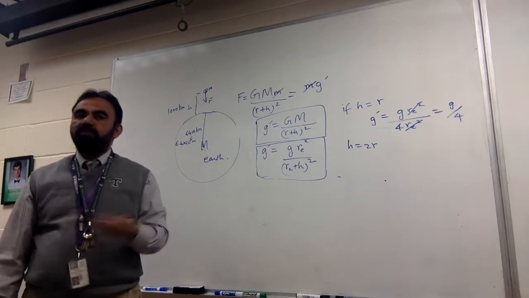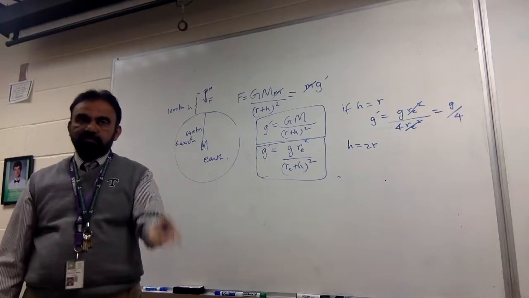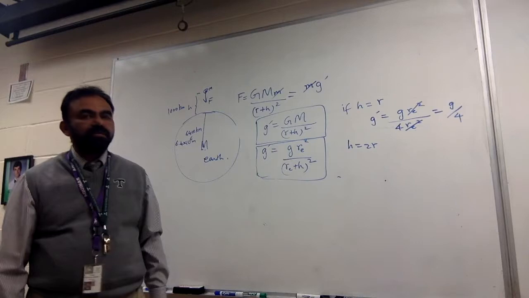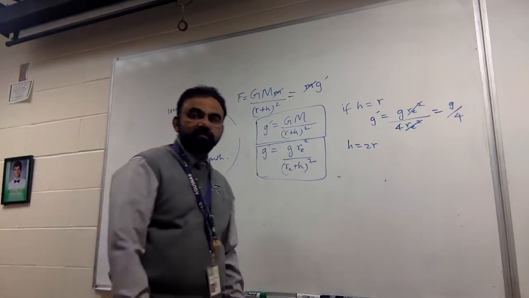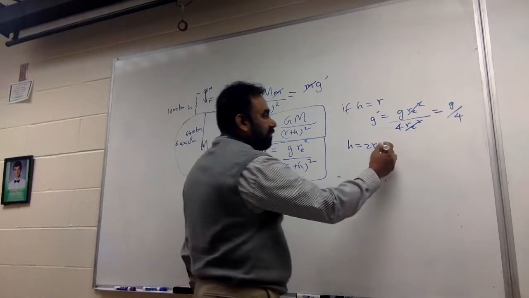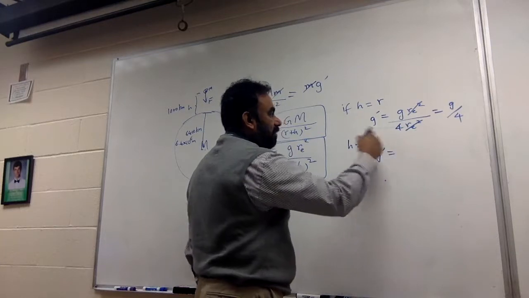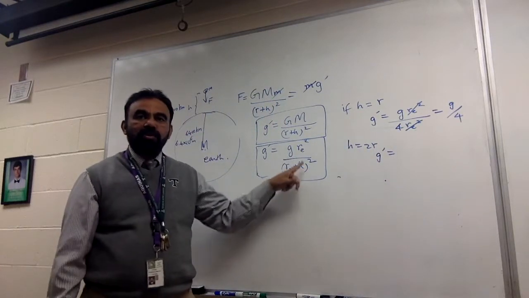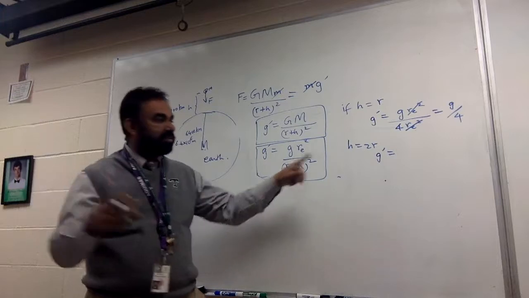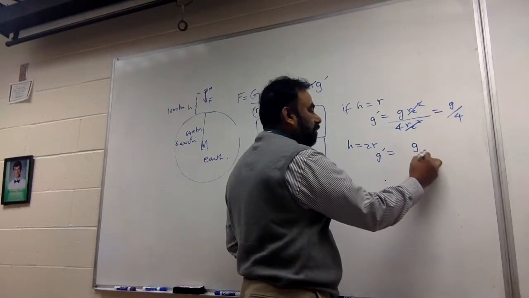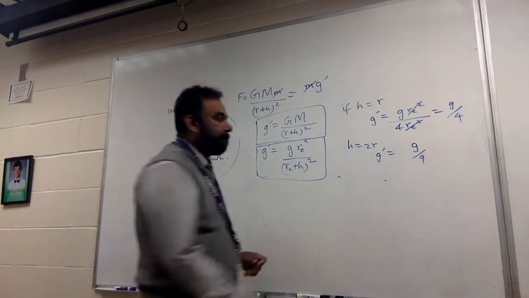If you put 2R over here, the total comes to 3R squared, which becomes 9. So g prime will be g over 9.